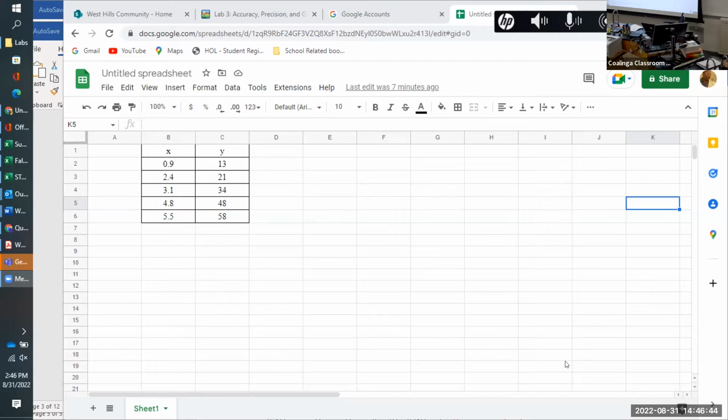Or try actually putting the same, highlight the same number of boxes. I'll have to fix that. I don't know why.